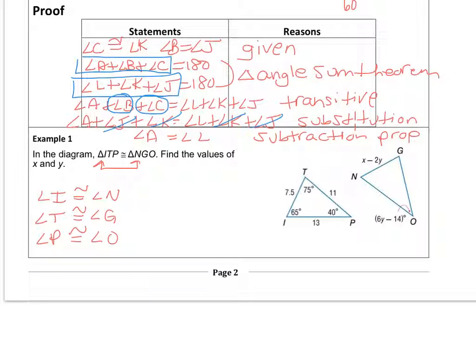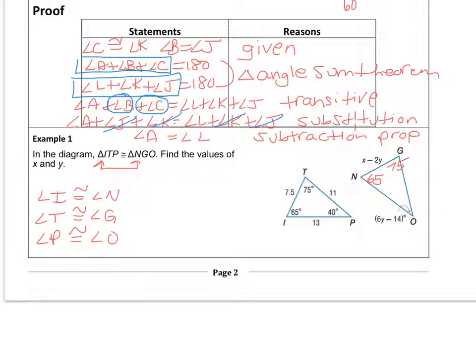So if I look over here, I see that angle T is 75. Well, that's congruent to angle G, so I can go ahead and put 75 in here for angle G. And also, I could see that angle I here is congruent to N, and that's a 65, so I'm going to go ahead and put that in for N. And finally over here I've got three angles.